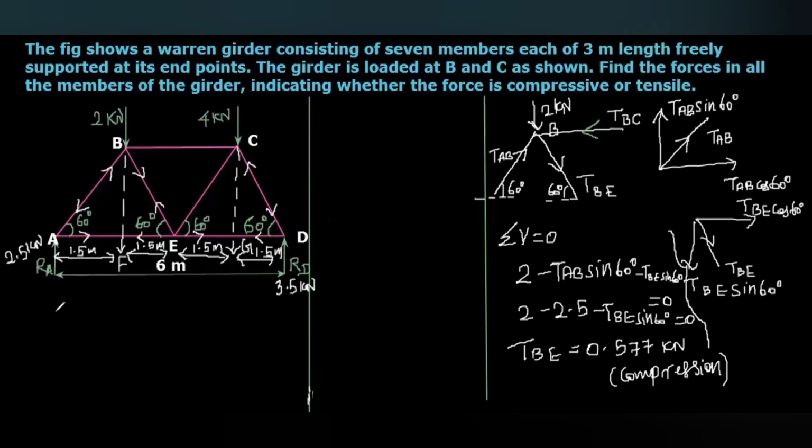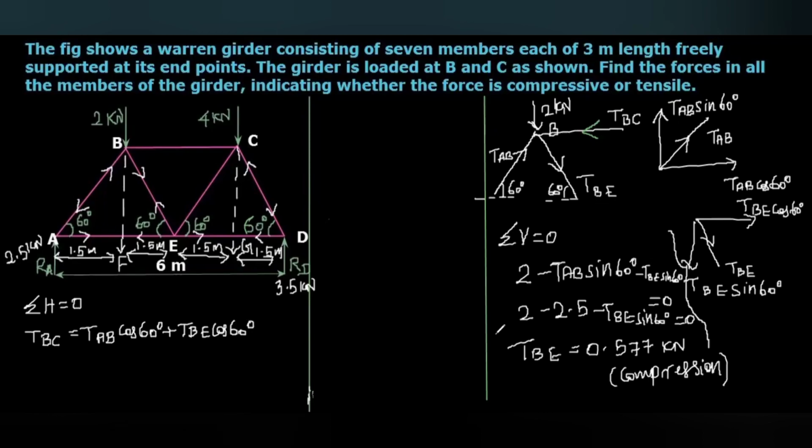So here we can write by using summation of horizontal forces equal to 0. The tension in the member BC equals the addition of these two horizontal forces, TAB cos 60 degree plus TBE cos 60 degree.